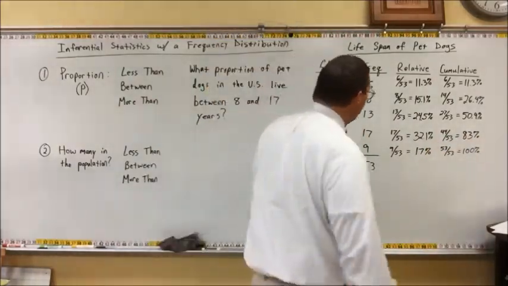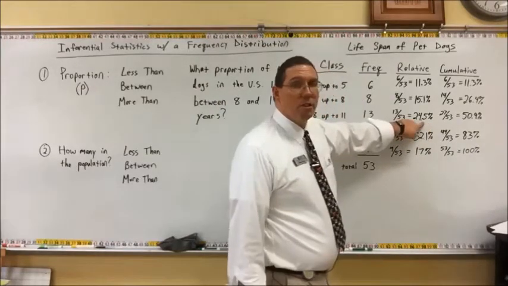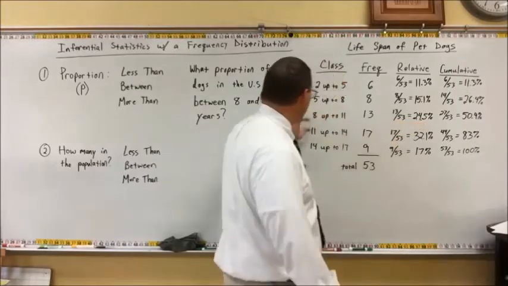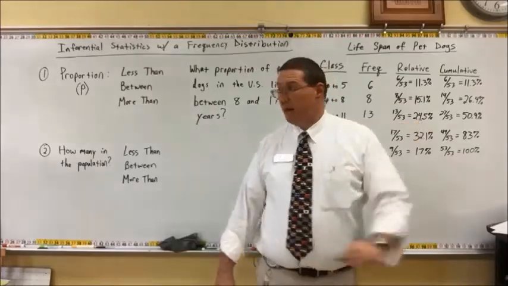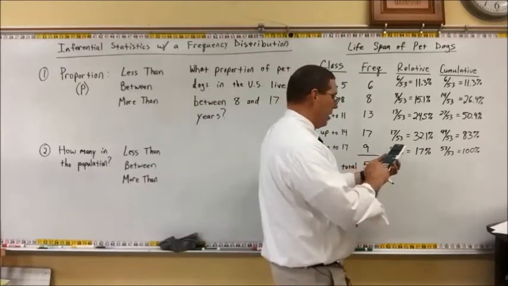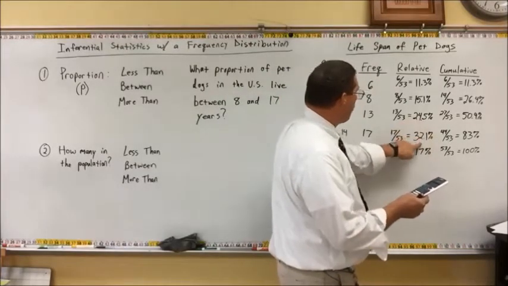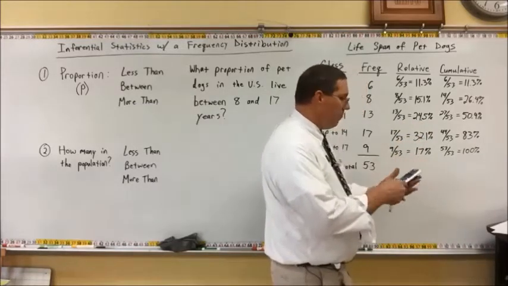The second way you could do it is you could just come over here to all the relative percentages, the relative proportions, for the 3 classes that we care about, and you can add them up. 24.5%, so I'm going to key in 24.5 plus 32.1 plus 17.